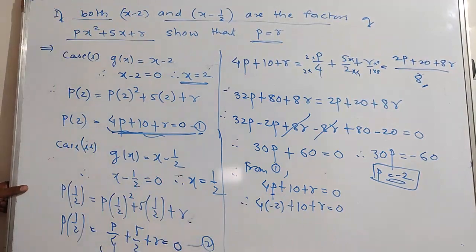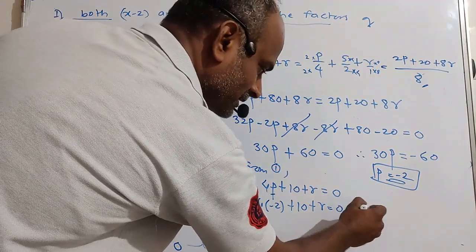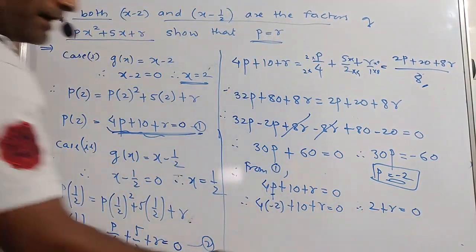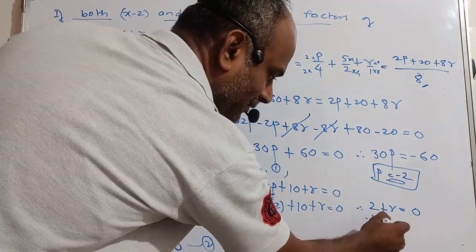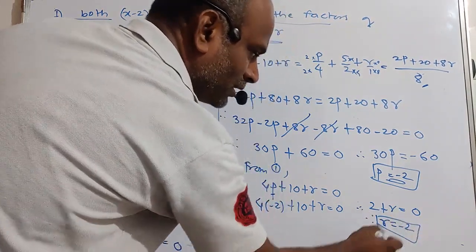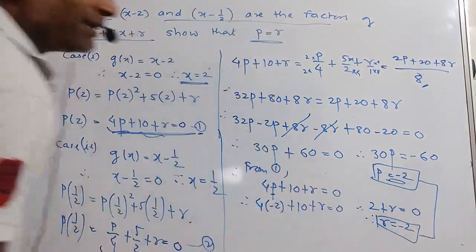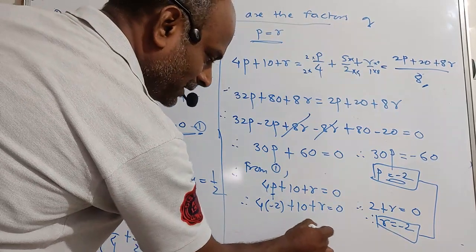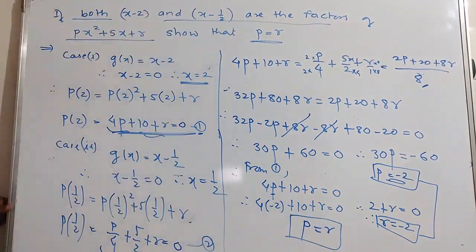And what is minus 8 plus 10? 2. So I will get 2 plus R is equal to 0. And therefore R I will get equal to again minus 2. So the value of P and the value of R observed, both the values are same here. So I can say here that P is equal to R. So likewise we can prove P is equal to R.